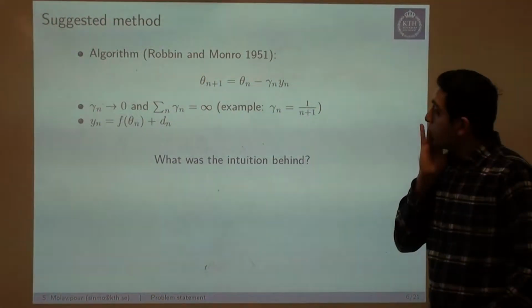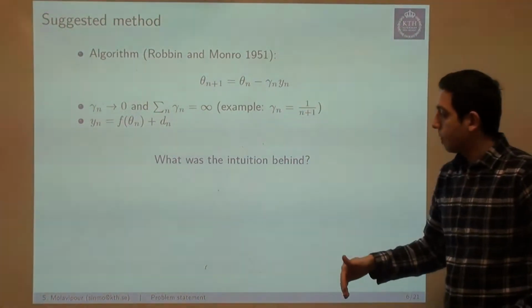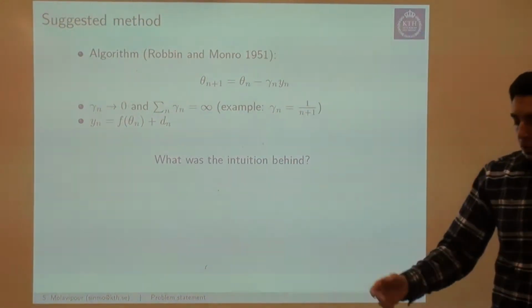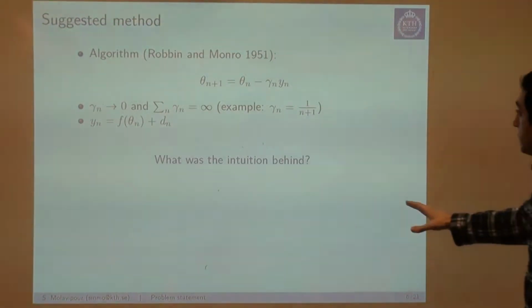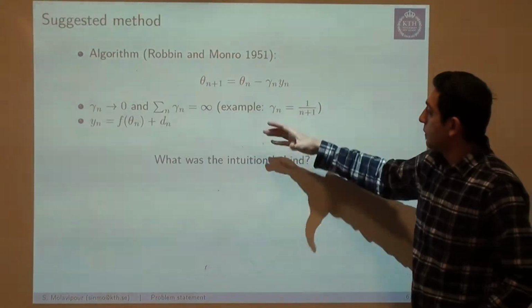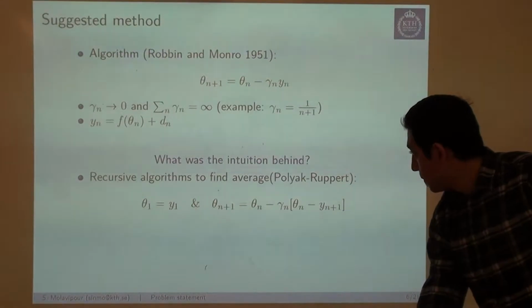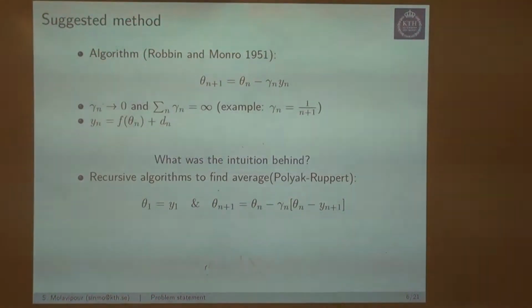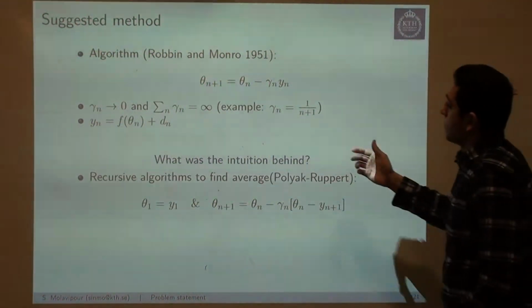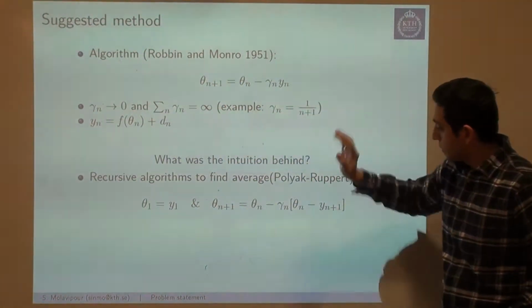Because these types of algorithms are useful, it's good to have an intuition with an example. This example does not really relate to this problem, but it gives you an idea about how this iterative thing may behave. So let's say we want to find the average of the thetas. Forget about this problem.